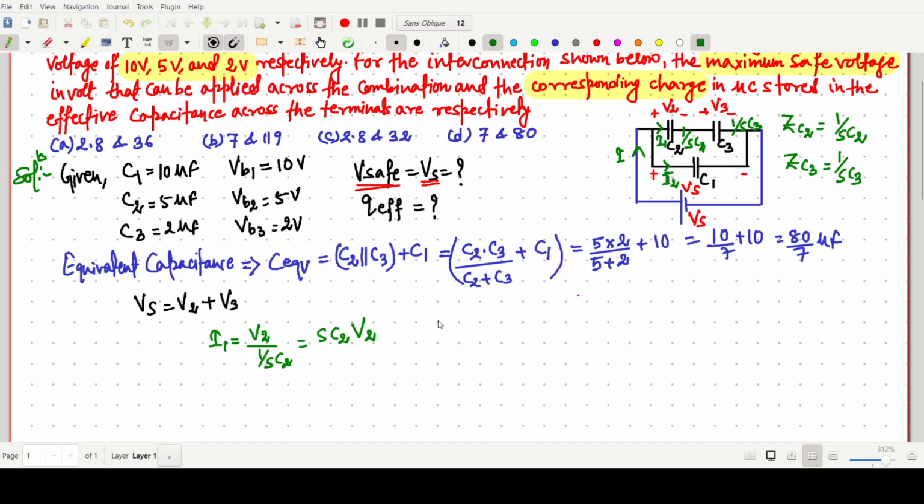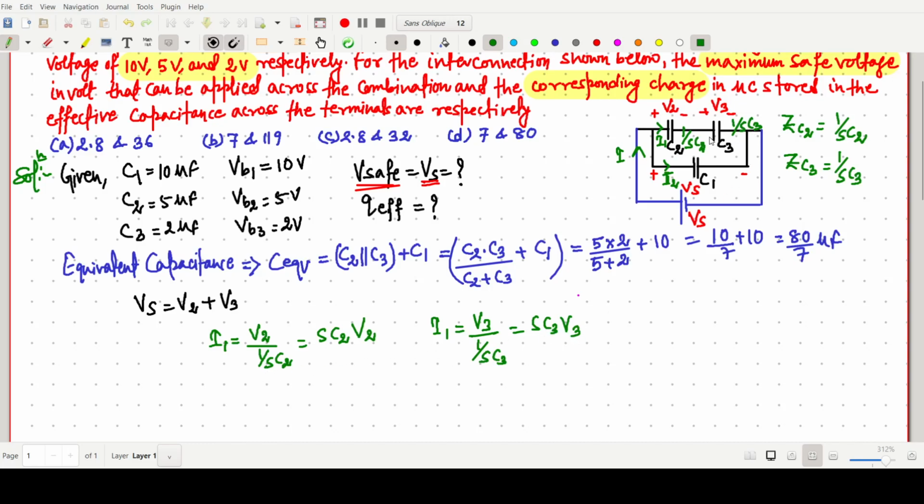Similarly, the I1 value for C3 is V3 divided by 1 by SC3, that is SC3 V3.